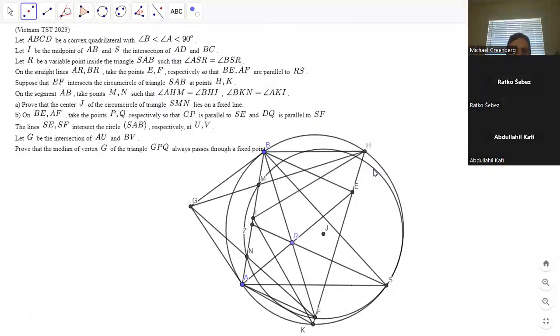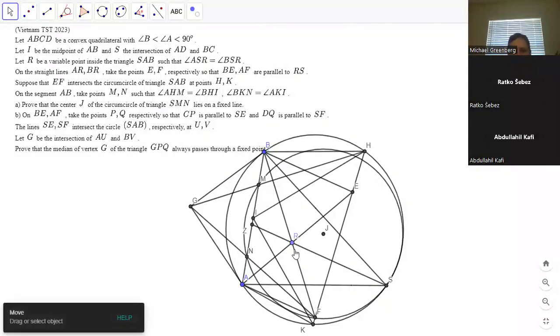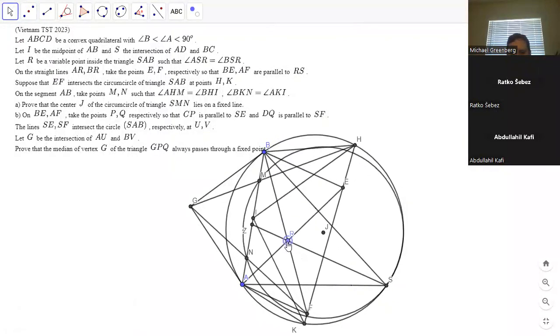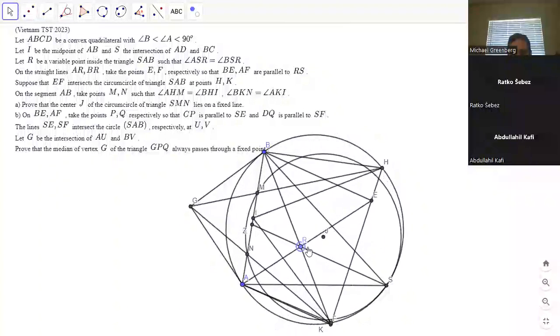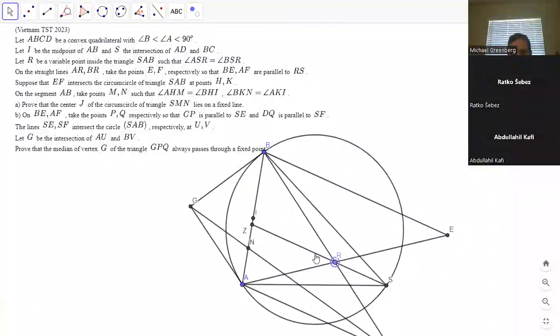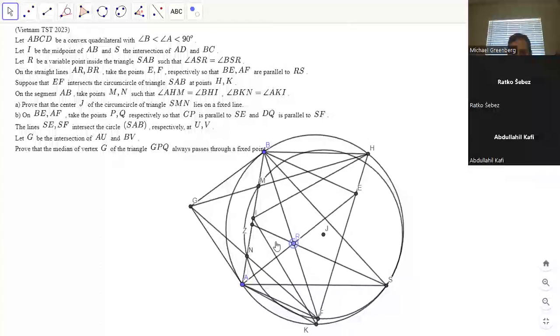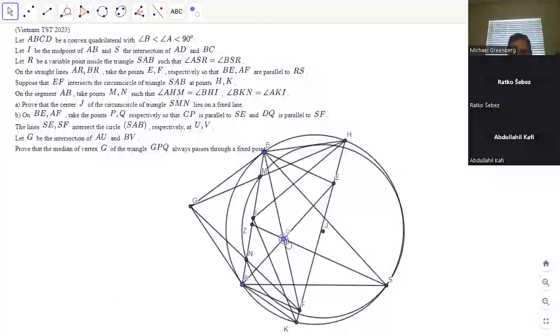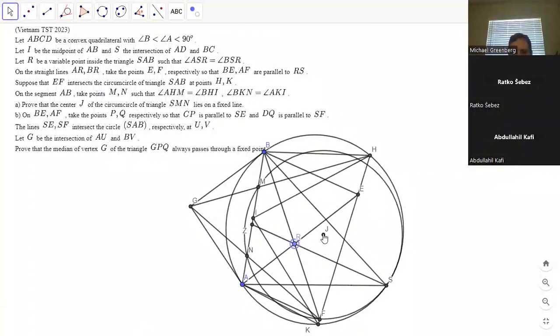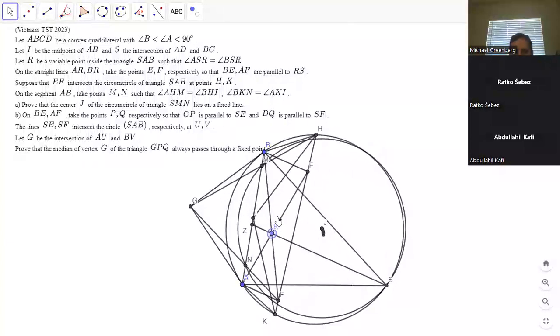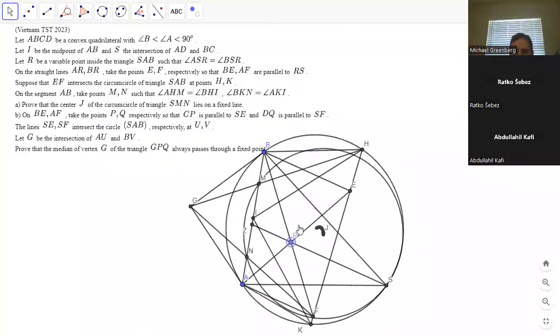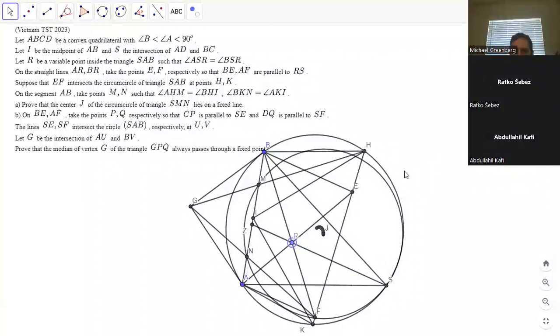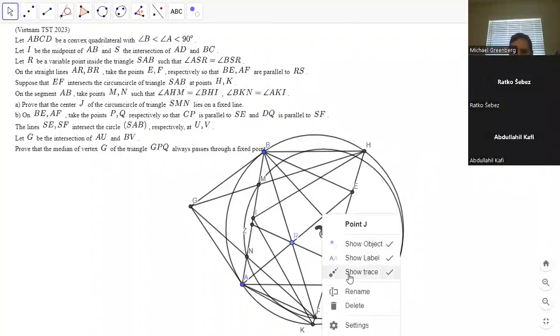So as R varies, we want to show J lies on a fixed line. Okay. It almost looks like it's curving a little bit, but that might be an optical illusion. That's not a line. So somewhere, something is off.